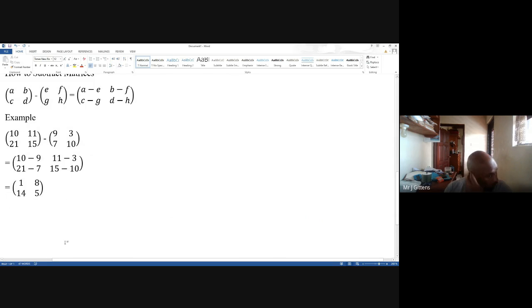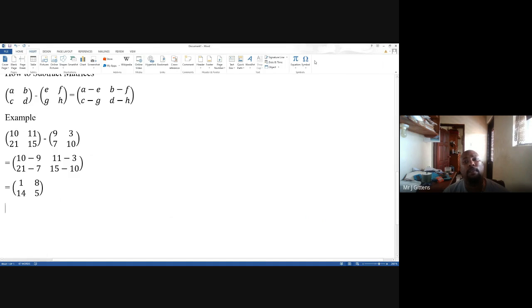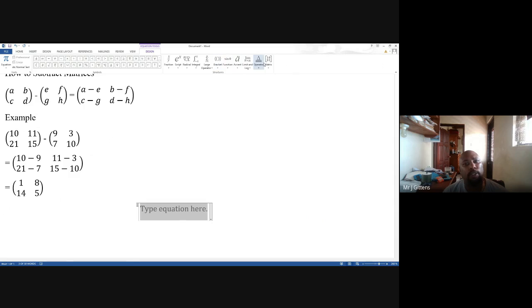Now, the next example is going to use some negative numbers, because not all matrices have all positive numbers. So let me use some negative numbers: 4, 10, 11, and negative 5.